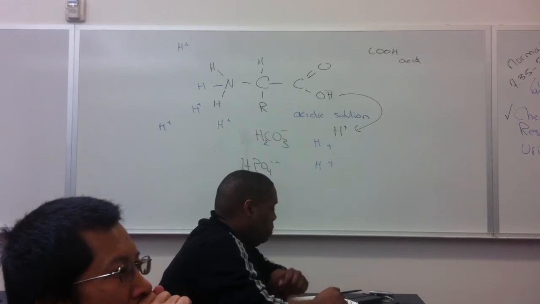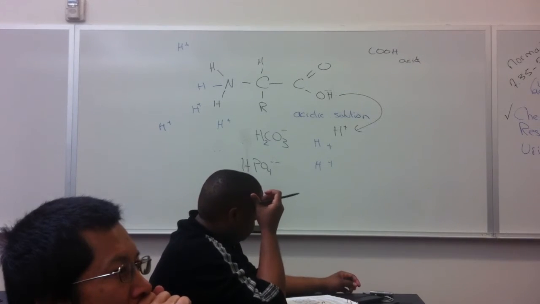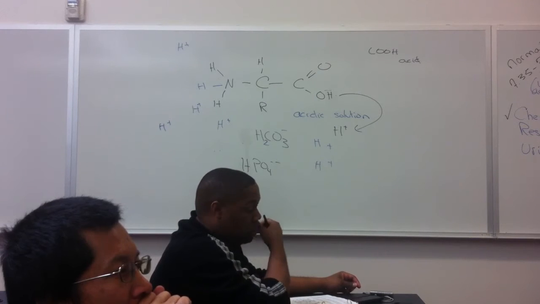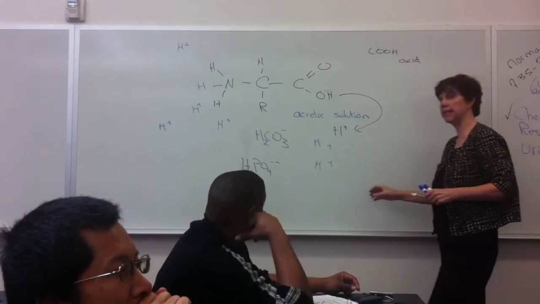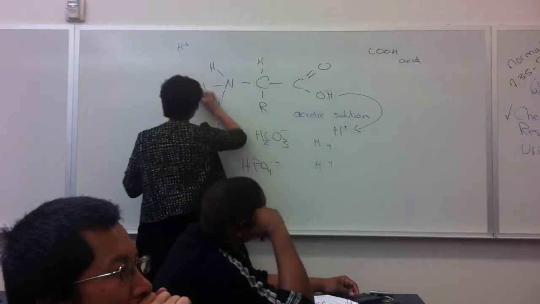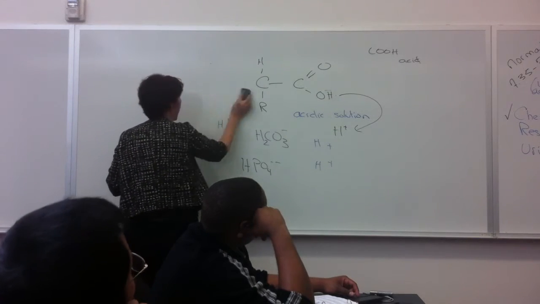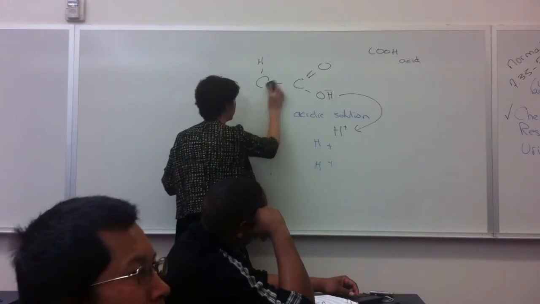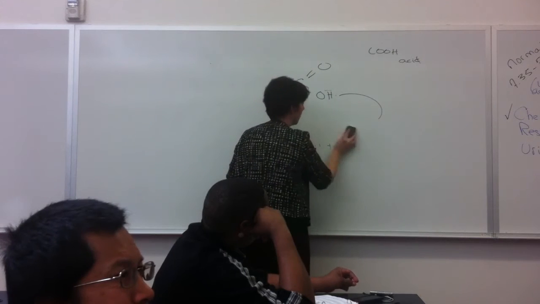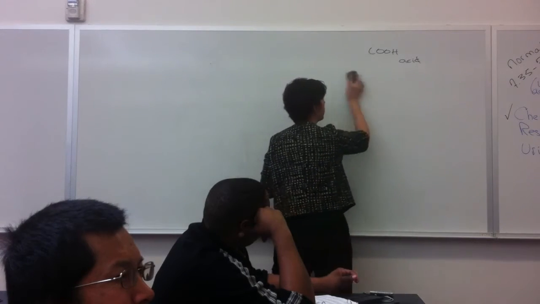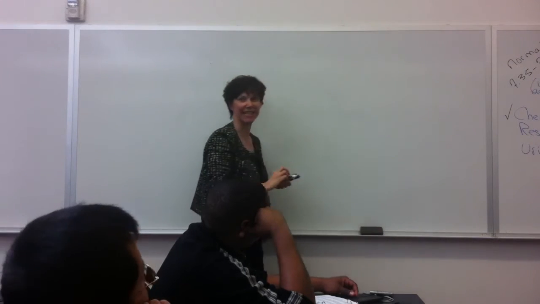And now let's look at the respiratory system. Okay, I'm going to leave that up there for when I come back to the urinary system. The respiratory system is not a chemical buffer. It uses carbonic acid, but it is a behavioral change. So what is it? We change our respiratory rate.